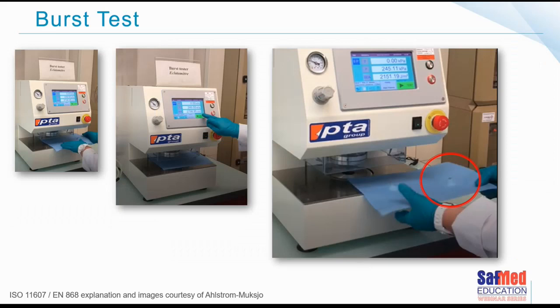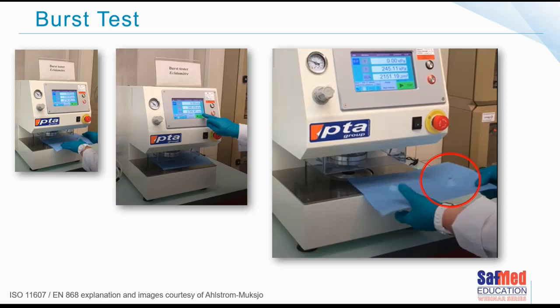This is the burst test, and the burst test measures the resistance of a fabric to a burst or a puncture. And this, of course, is important to us, both in the CSD and the operating room. We want to know that our sterile barrier system is doing the job it's meant to do. Looking at the images on the left, a piece of sterile barrier system material is placed on the platform.